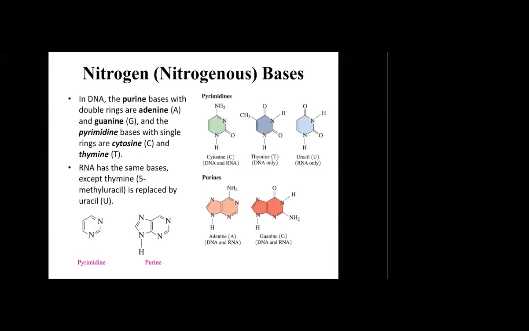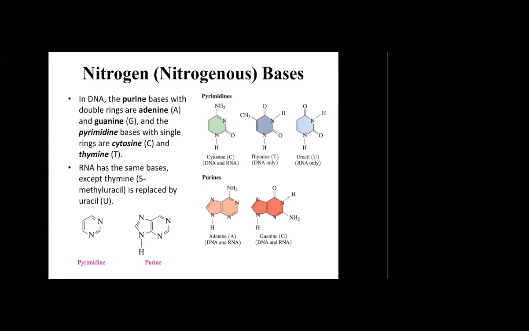These nitrogen bases have a one-letter code. Adenine is symbolized by the capital A, guanine, capital G, cytosine, capital C, thymine, capital T, and uracil, capital U. That's going to be the difference between them.